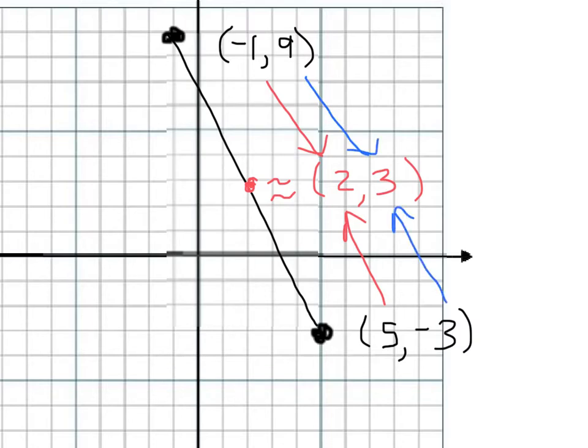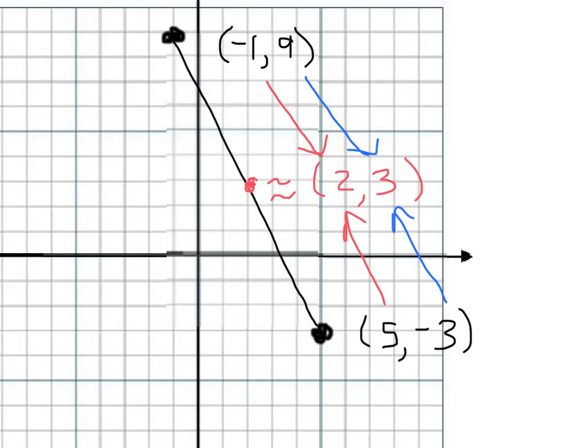If we compare the y values, do we notice something about that? How far is it from 5 to -1? That's a difference of 6 units. From -1 to 5, a difference of 6 units.